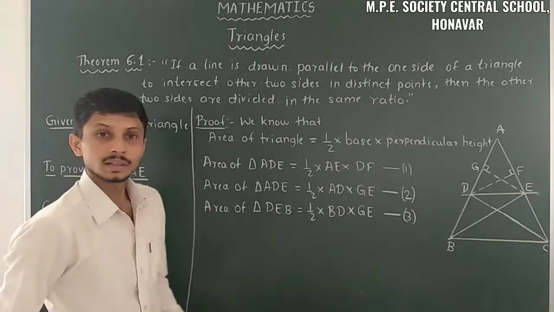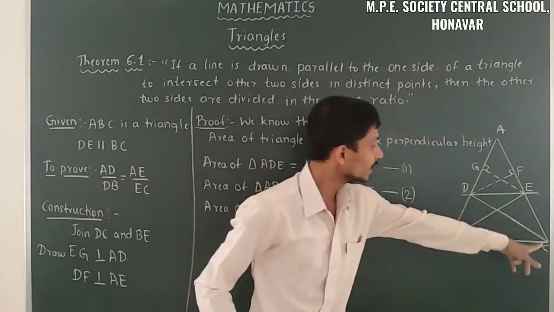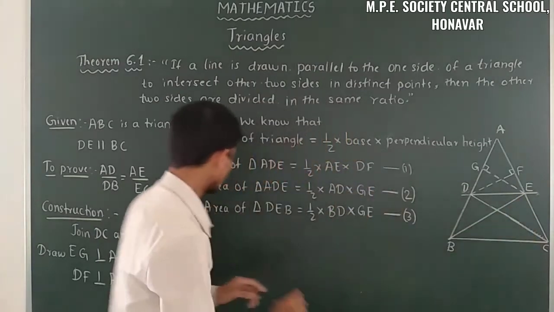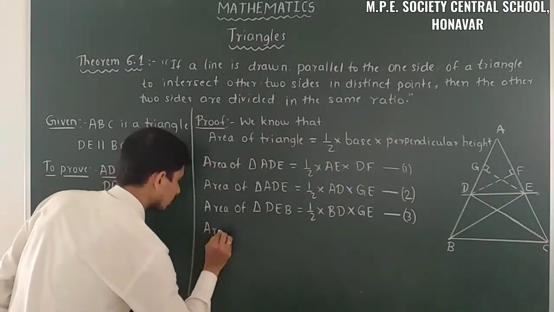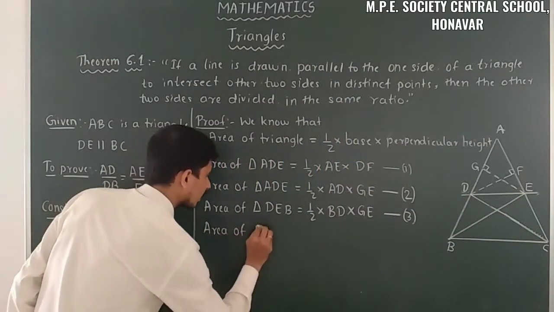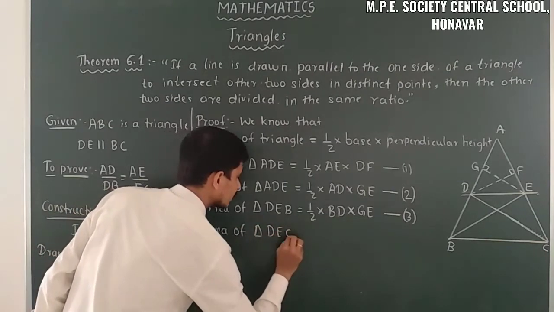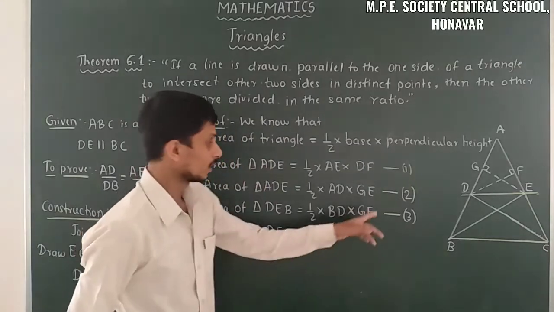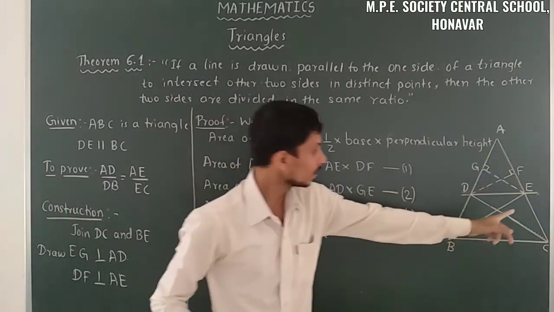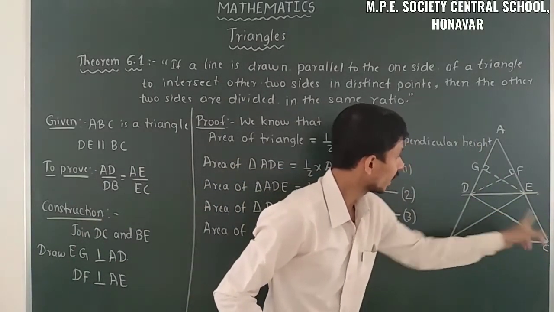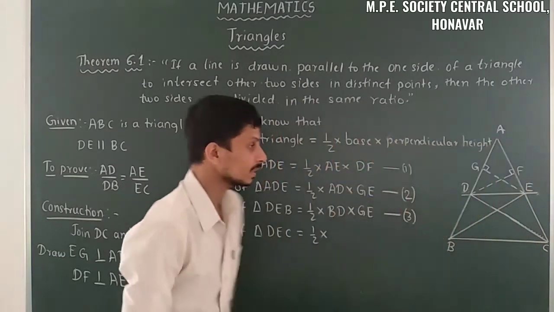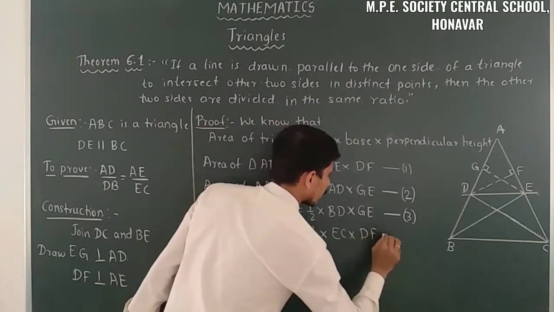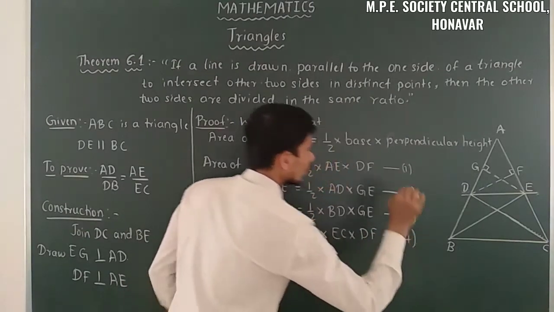Then let us take the other triangle, DEC. Area of triangle DEC is equal to 1 by 2 into, here what is the base? Base is EC and perpendicular height is DF, that is EC into DF. I will take this as equation number 4.